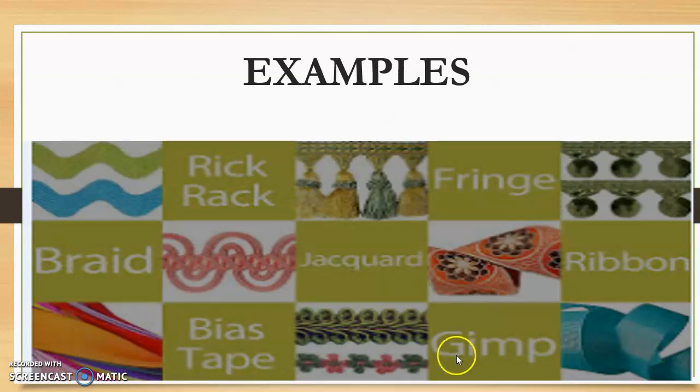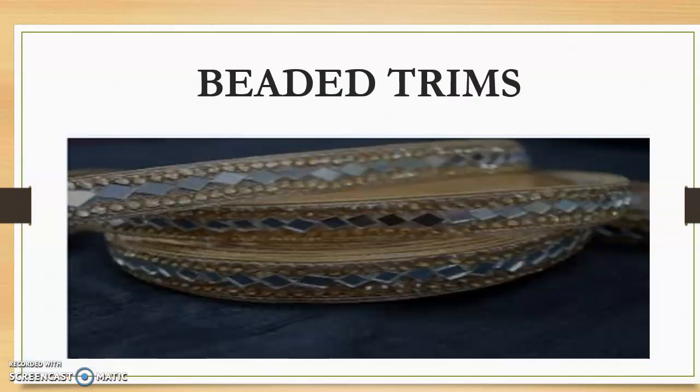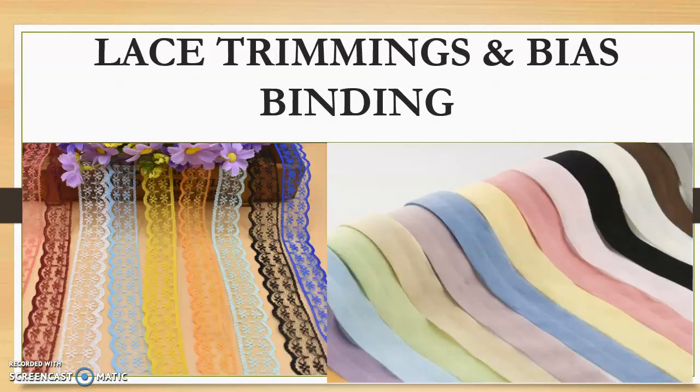Then we have gimp. This is gimp. This is also gimp. We have the beaded trims. All these are used to neaten the articles. It can be at the hem of a garment, in the middle of an article, etc.